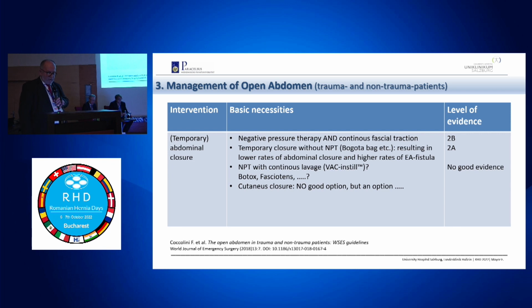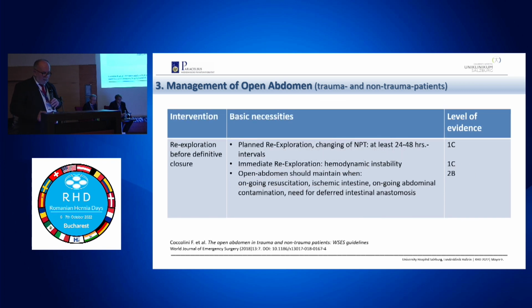We have no good data about these options of treatment. And finally, you might think about cutaneous closure by skin flaps. Well, this is an option, but it's definitely not the best option.